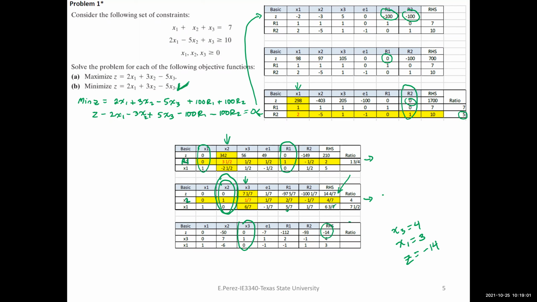So what this is telling you is 2 times 3 plus 3 times 0 minus 5 times 4. And that's minus 14, which is the objective function. It's coming from here.